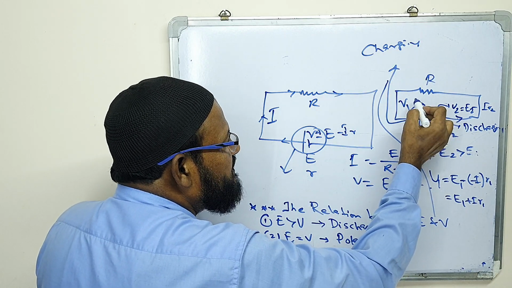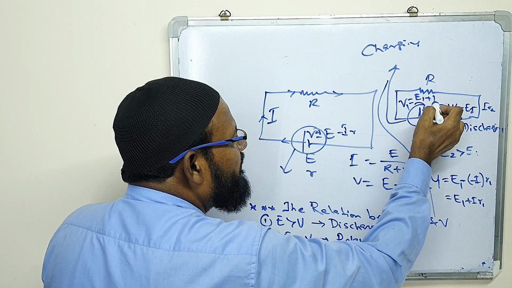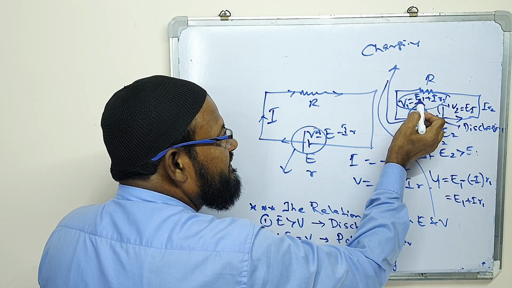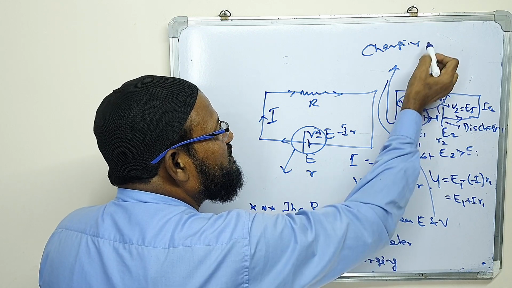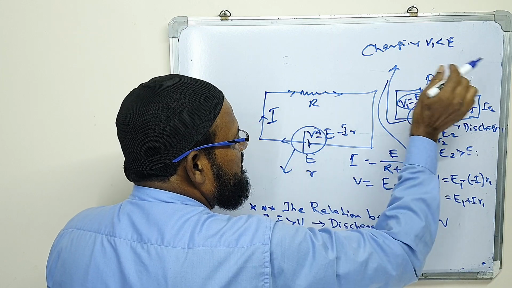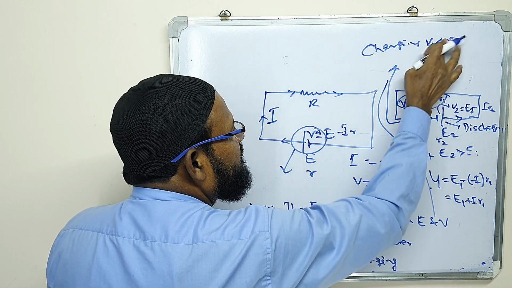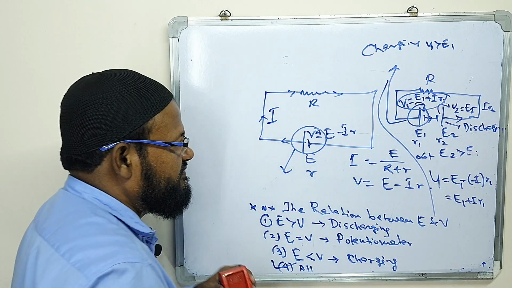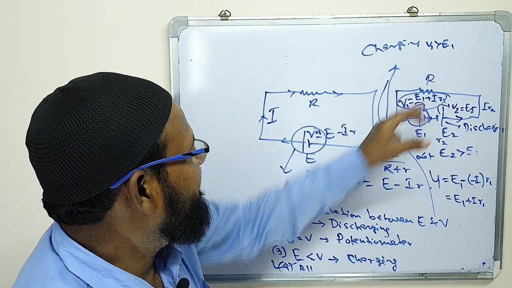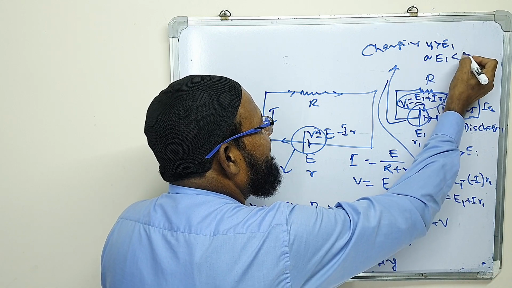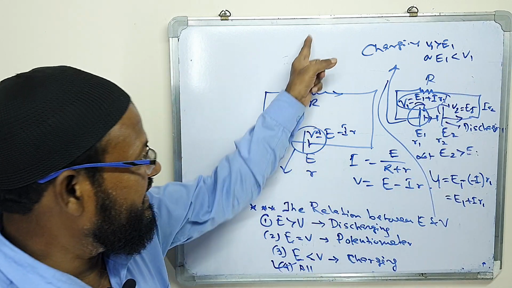V1 equal to E1 plus IR1. So what is the rule? V1 is greater than E1, or you can write E1 less than V1, during charging.